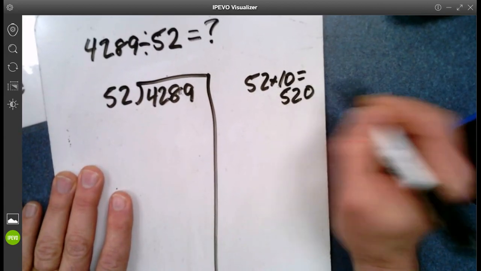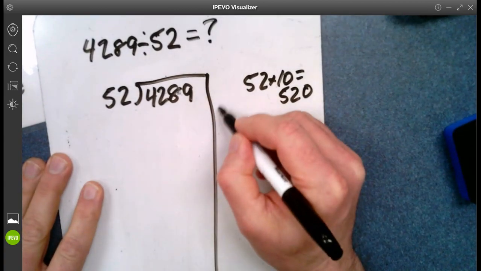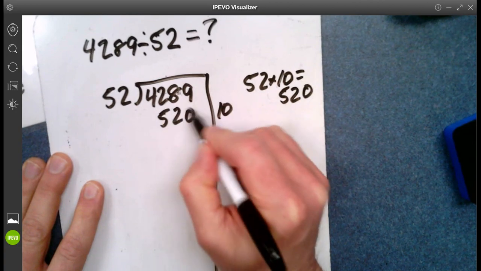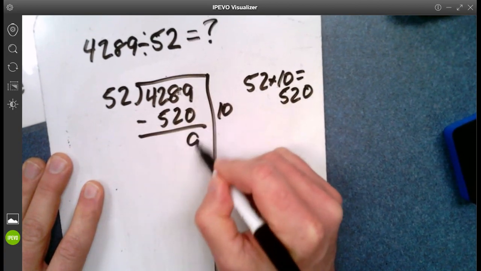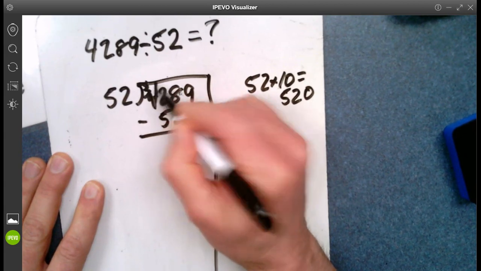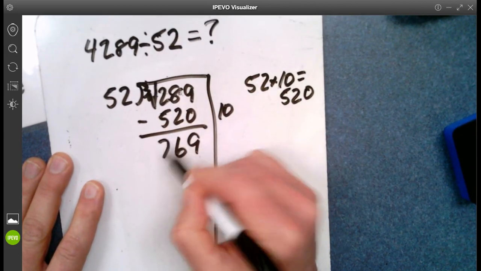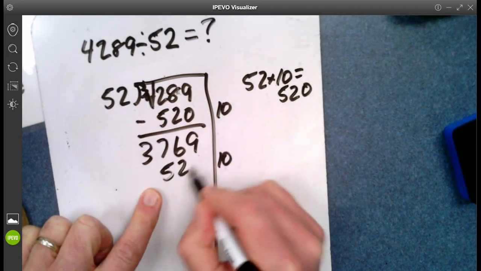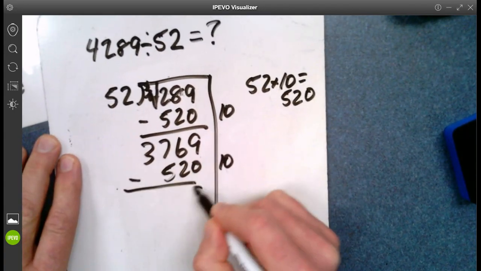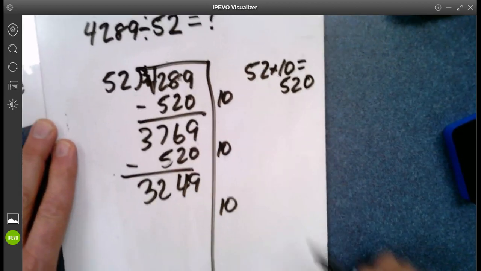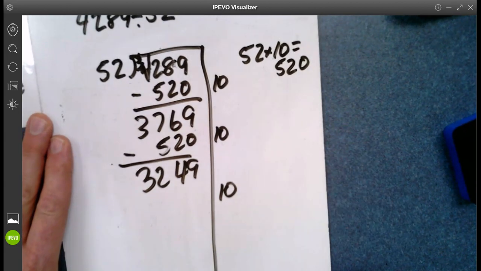So I know 52 times 10 is 520. So if I just list the 10 and I do 520 and I subtract, 9 minus 0 is 9, 8 minus 2 is 6, that becomes a 3, 12 minus 5 is 7. Now I have 3,769. I can do another 10 and keep subtracting 520. 9, 4, 2, 3, and do another 10. And eventually there'd be 8 10s listed here.